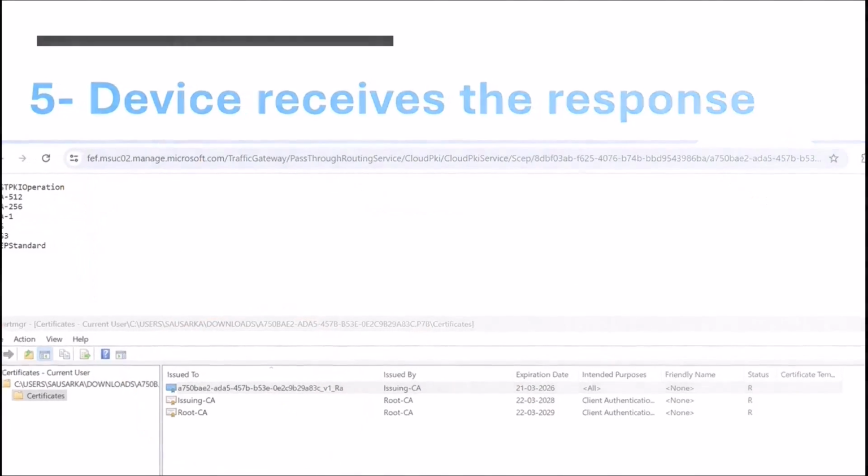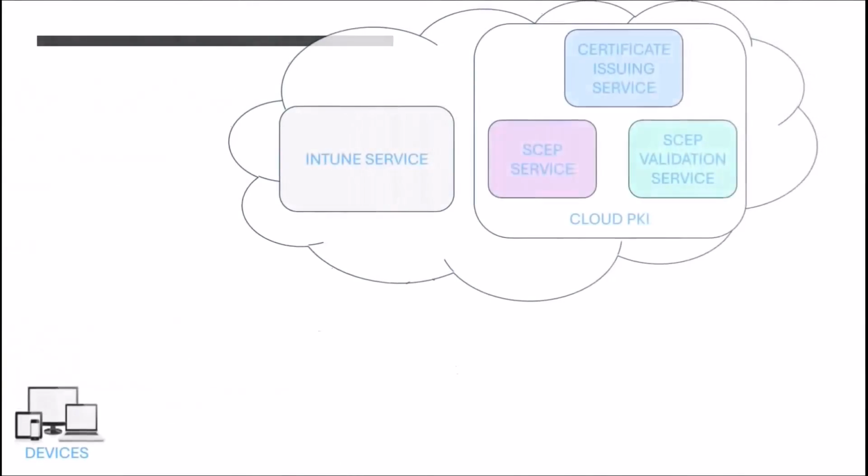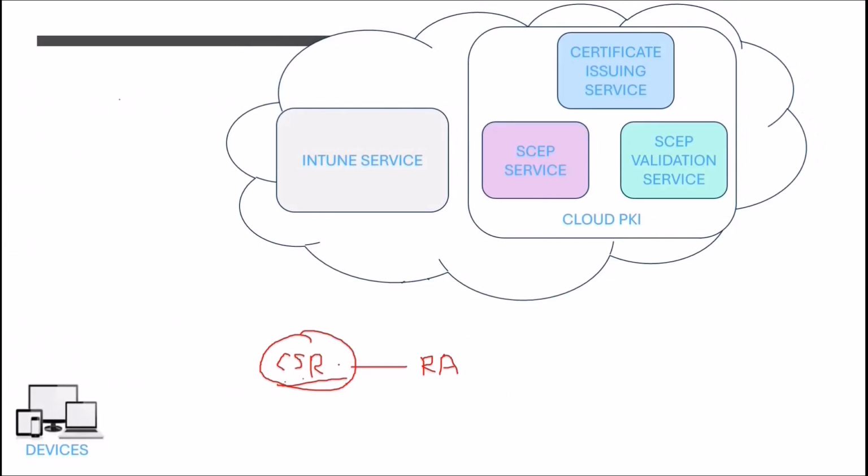Now the device is going to use this RA certificate to encrypt the CSR. What is the CSR? The CSR is the certificate signing request. It is a request generated by the device and sent to the SCEP service, telling it, please give me a certificate with this common name and these attributes. And it has been secured with the RA certificate.